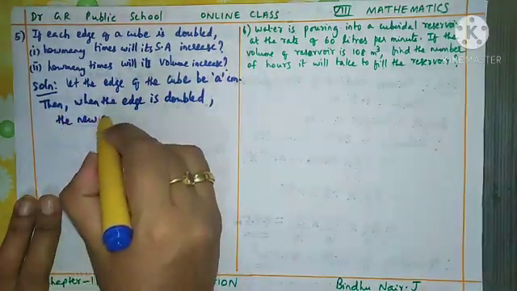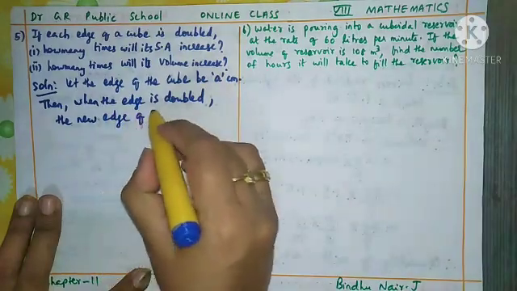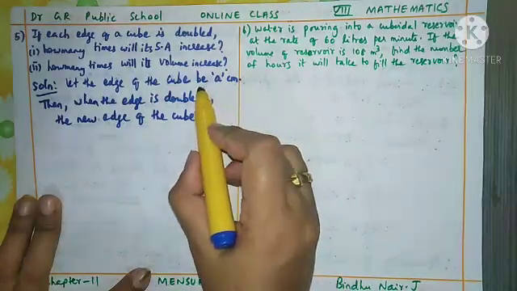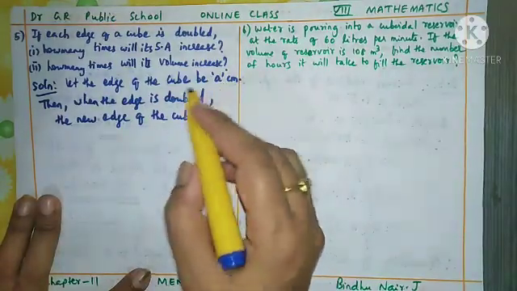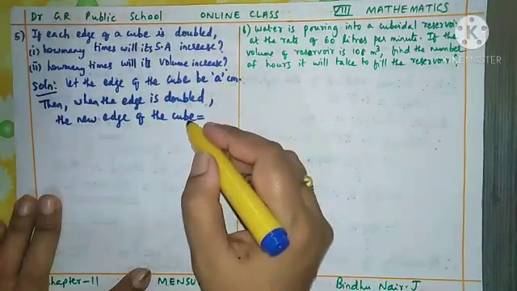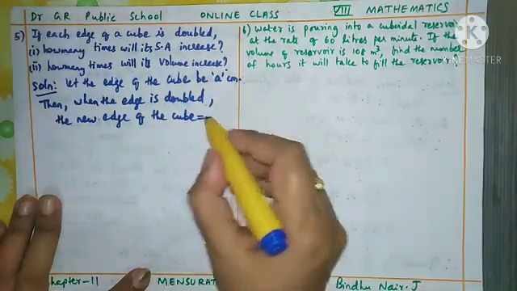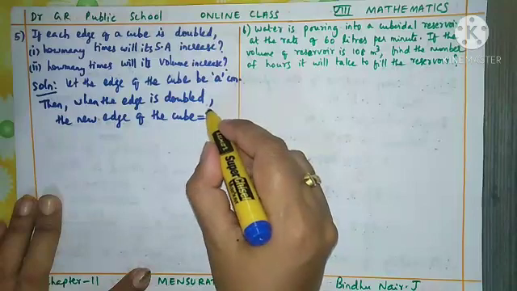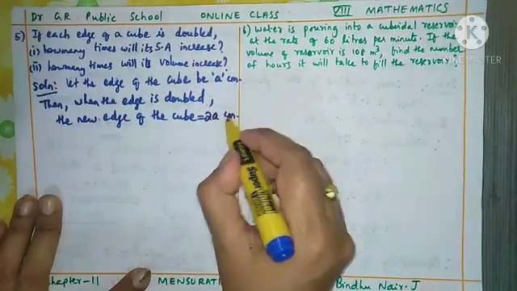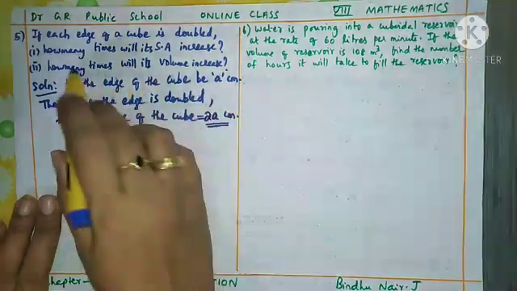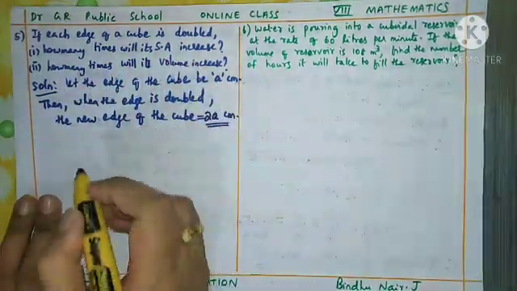The new edge of the cube is equal to, so we have taken the edge as A centimeter, and when it is doubled, what happens? Yes, twice, that is multiply by 2. So it becomes 2A centimeters.